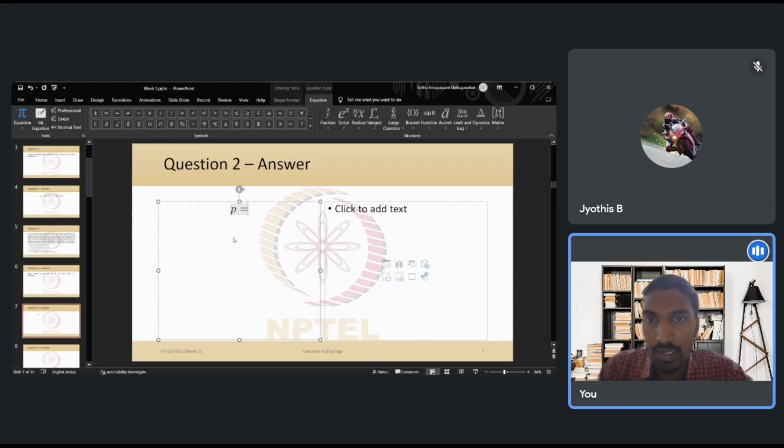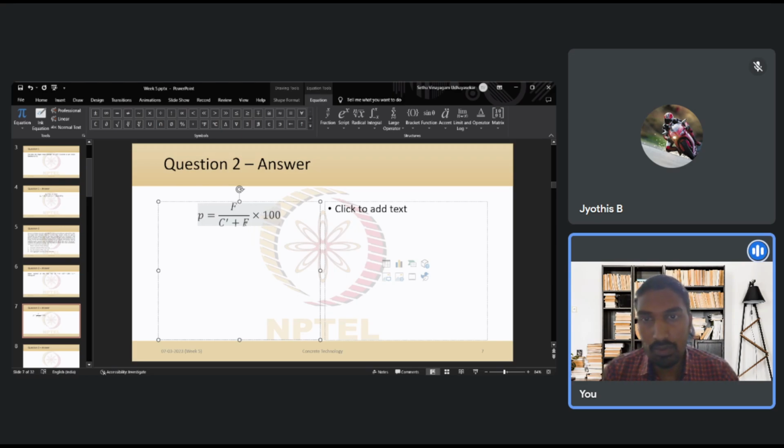If P is the percentage of the fly ash in the total cementitious material, then P will be equal to F over C prime plus F, times 100.